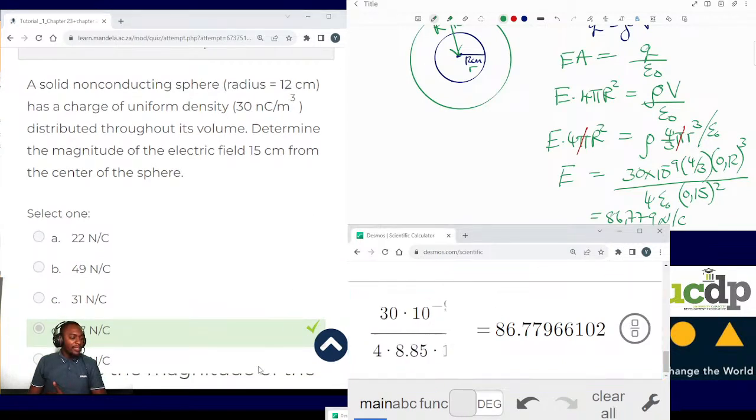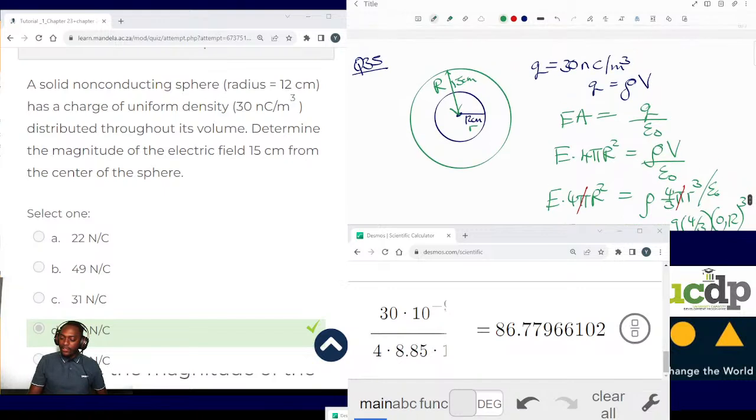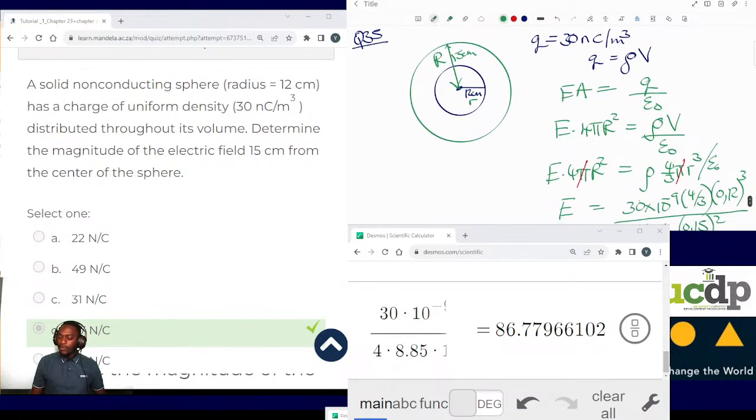Basically what we've done on this part of the question, we just applied Gauss's law. The integral of E dot dA is equal to charge enclosed over epsilon naught.